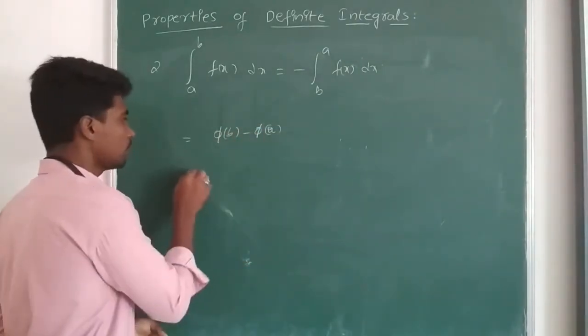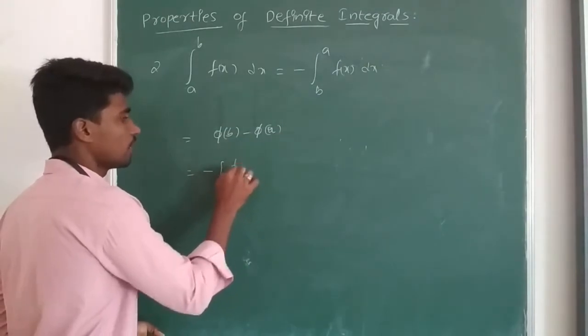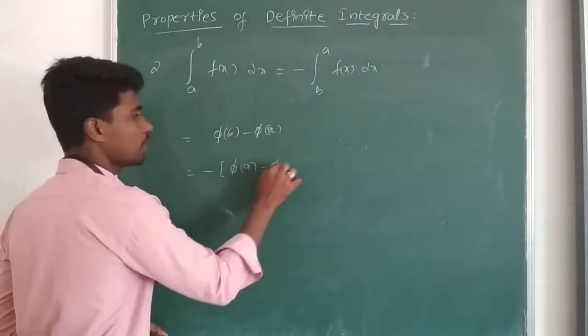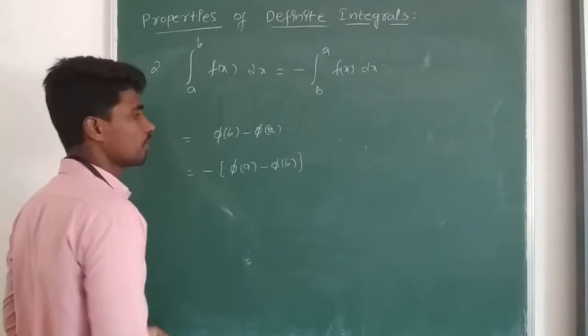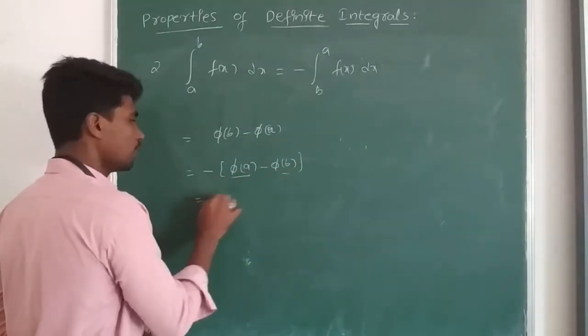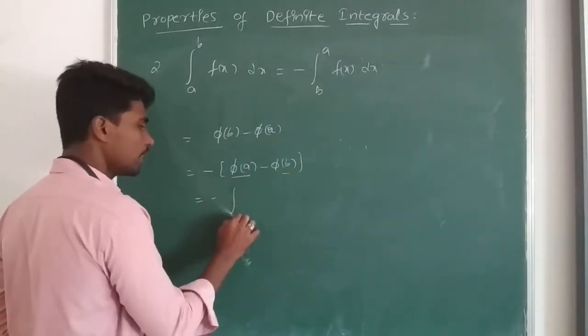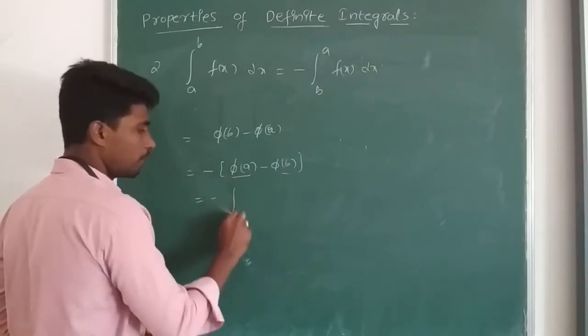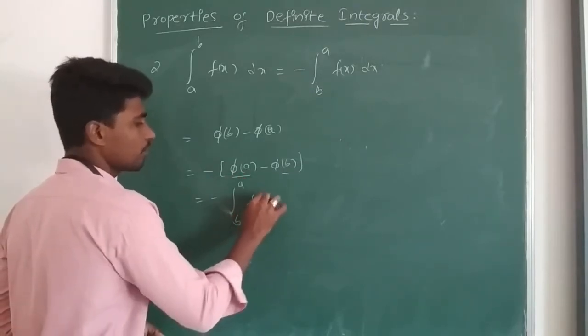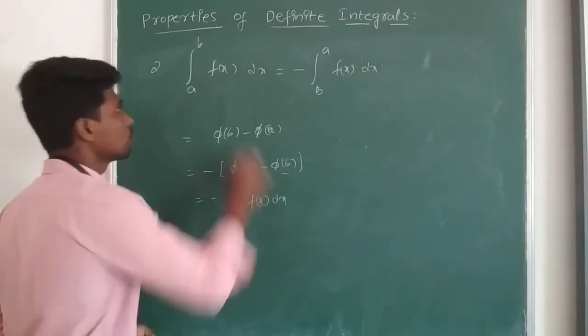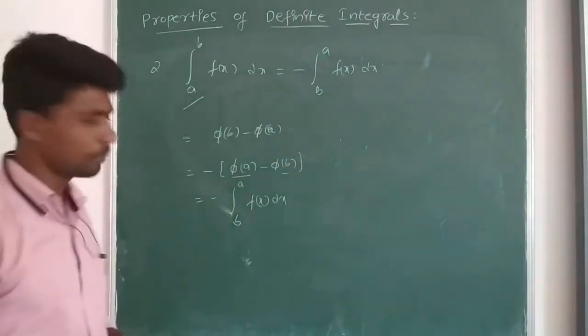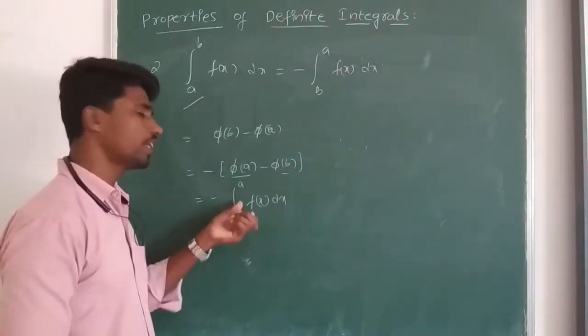Now if I take the minus out, I get phi of a minus phi of b, which gives the integral from b to a of f of x dx. So the integral from a to b of f of x dx can be written as minus the integral from b to a of f of x dx.